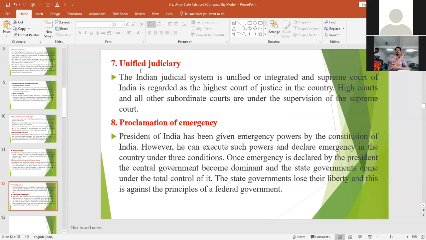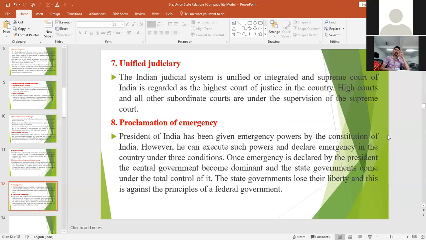Next, unified judiciary. The judiciary is one of the most important branches of the Indian Constitution. In the Indian judicial system, the unified or integrated Supreme Court of India is regarded as the highest court of justice in the country.